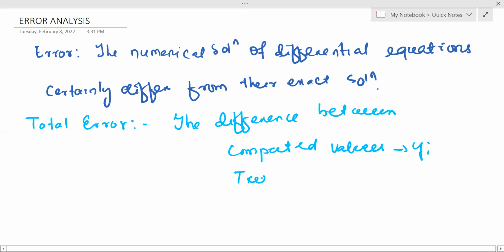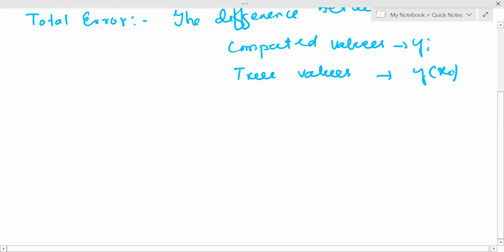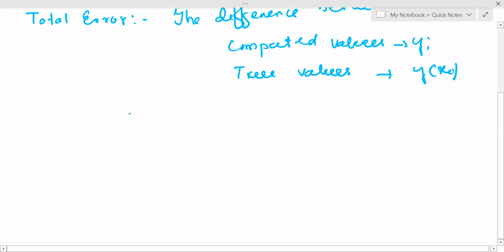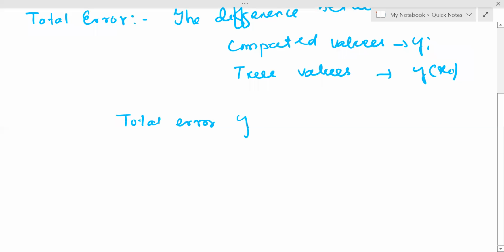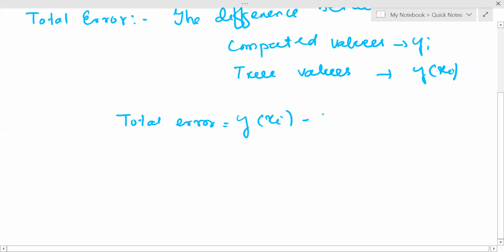Suppose the computed value is named yi, and the true value is y of xi. So the total error becomes, as I have written here, total error equals y of xi minus y of i. This result is called total error.